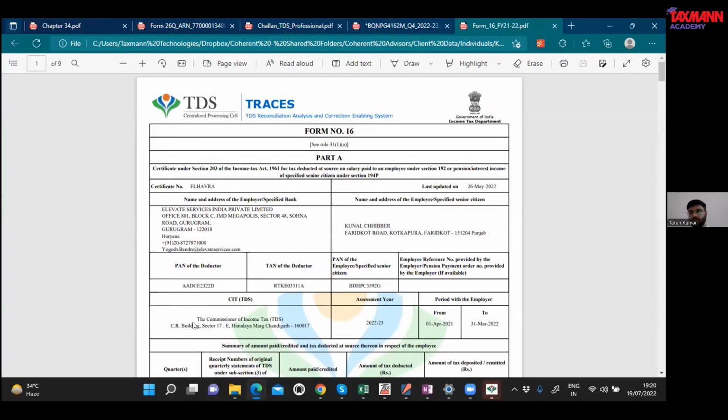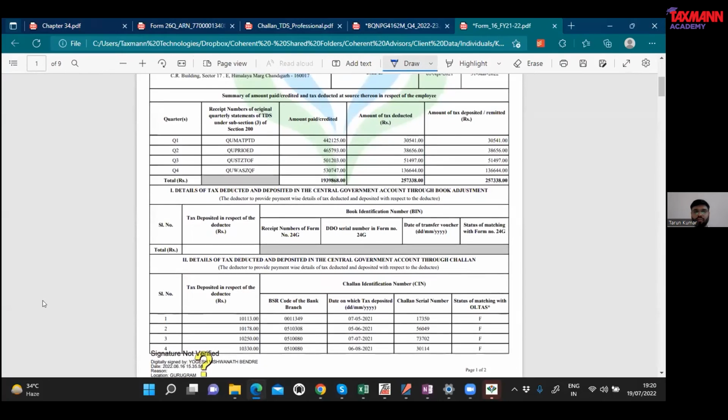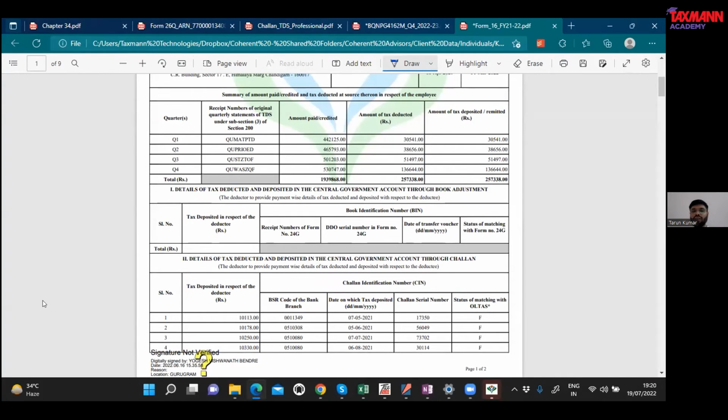So here is the part A, right? So form 16 has two parts. Again, all the details which you were seeing in form 16A are mentioned in part A of form 16. This is the amount paid to that person, that is 19,39,868. This is his annual salary, right? So this is the salary paid by the company to the employee.